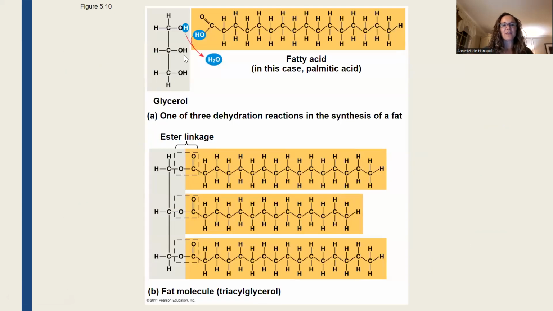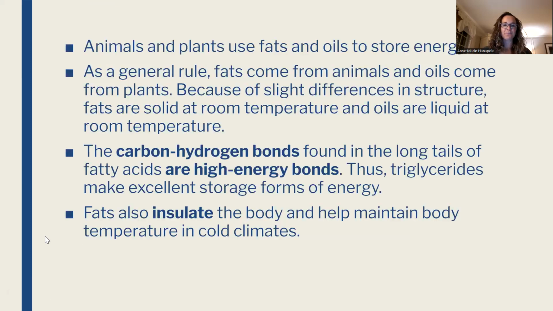So we're going to have this bonding together. So that carbon onto that oxygen, which is attached to that carbon. So there is your ester linkage there. You're going to do that 3 times. So you're going to have a dehydration synthesis reaction here, and another one here, and another one here. And you're going to form 3 fatty acids attached onto that glycerol molecule.